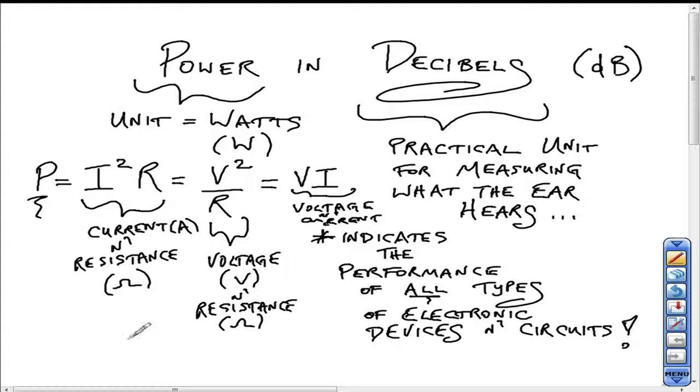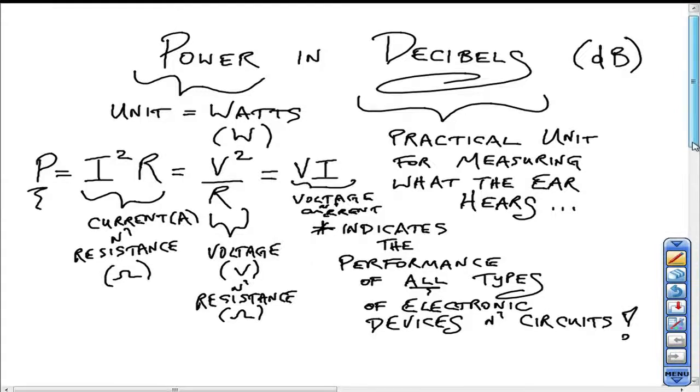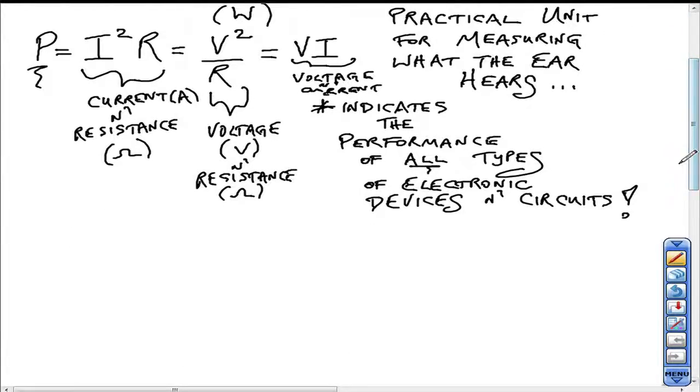The other thing to point out is that for these three formulas, I squared R, V squared divided by R, and V times I, you really only need to know one of these formulas and Ohm's law. So let's think about what Ohm's law is: voltage equals IR.